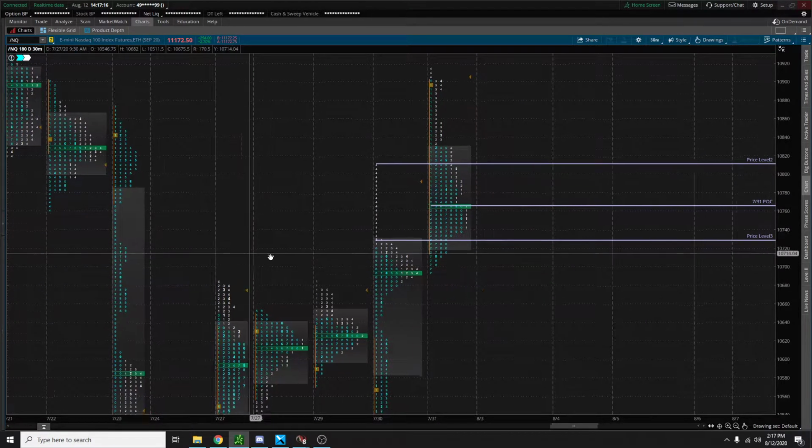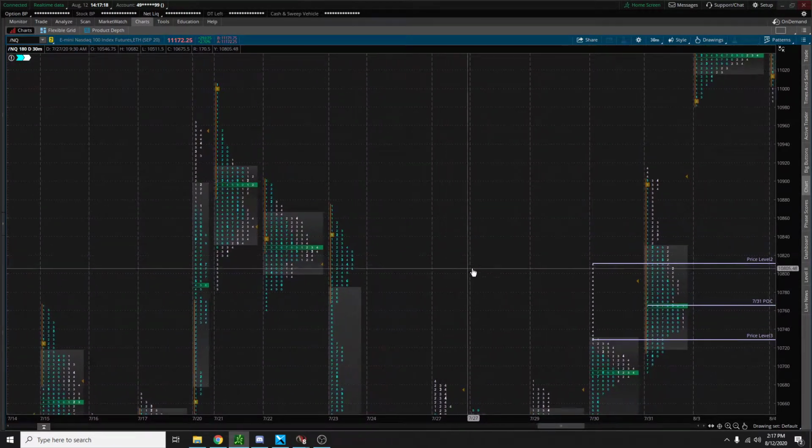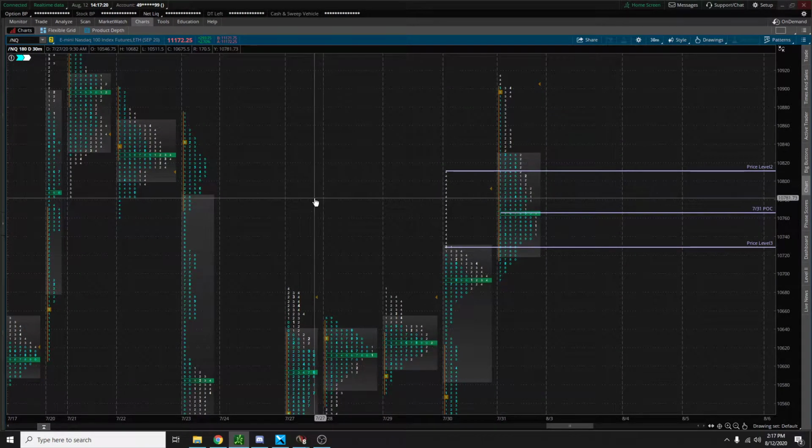But anyways, an imbalance in the market happens pretty much everywhere. There can be a buying imbalance, a selling imbalance. Imbalance is basically when price moves away too fast. And that leaves behind kind of like a little hole in the market that the market hates. The market hates those little holes and it wants to fill them.